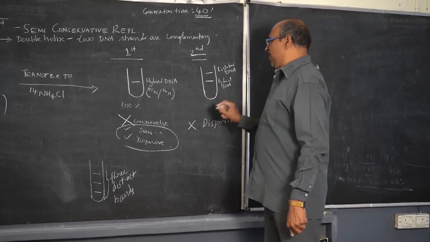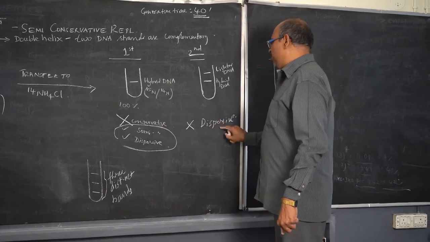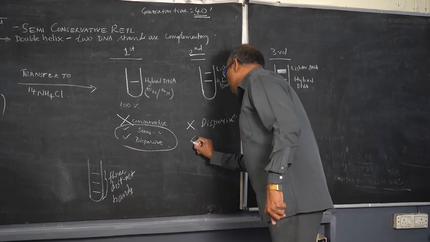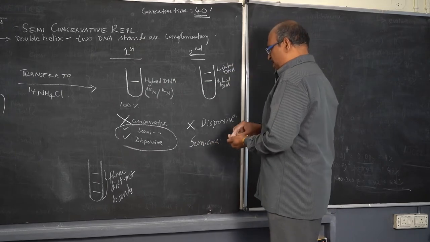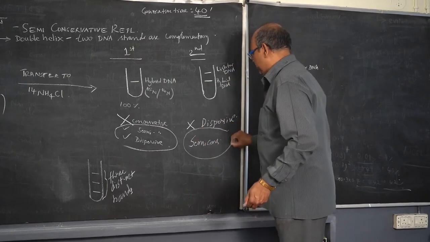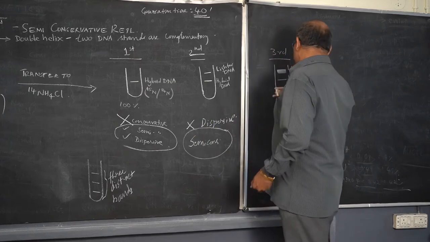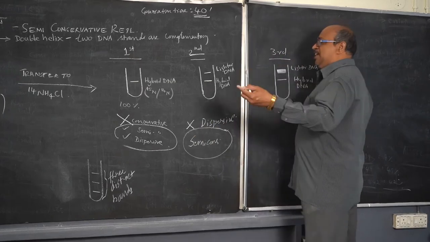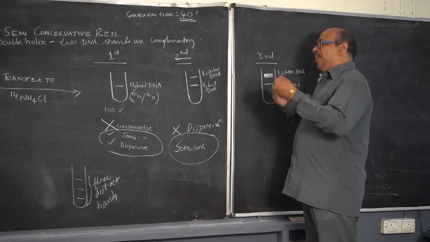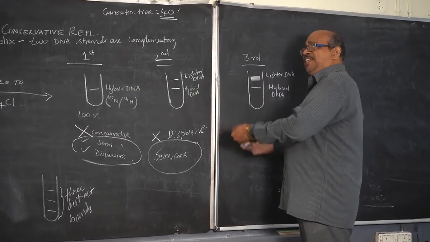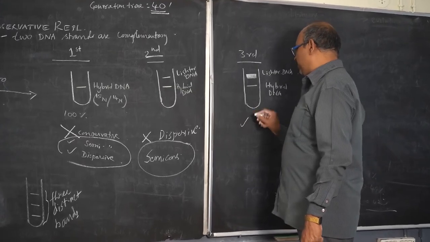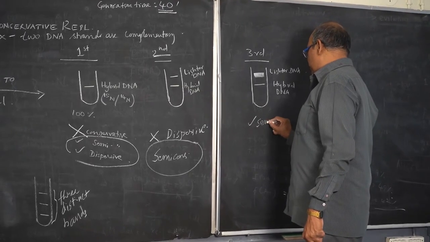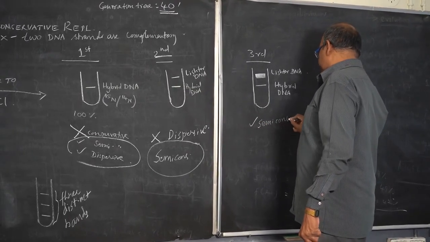So you can't have a conservative mechanism, you can't have a dispersive mechanism. It proves that the replication is semi-conservative. In the third generation, the lighter DNA is further increasing because every replication goes on increasing the lighter DNA strands. So this further proves the semi-conservative mechanism.